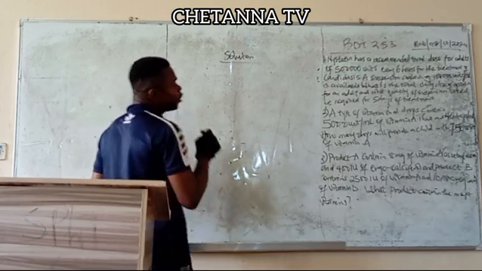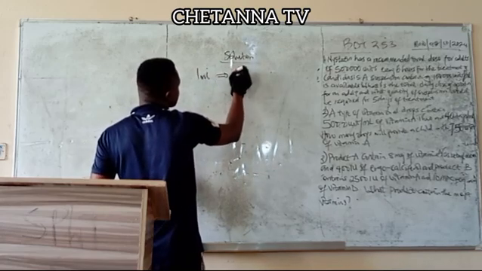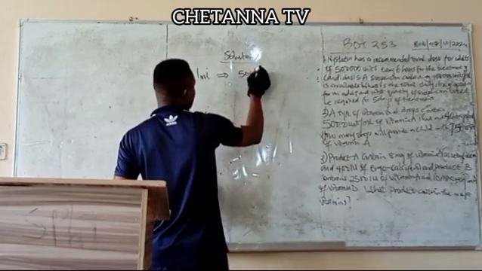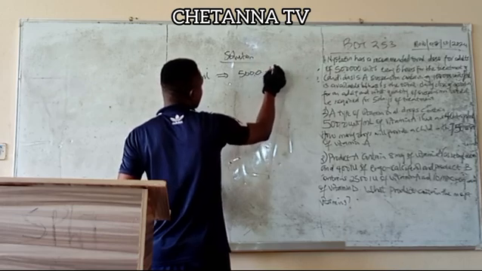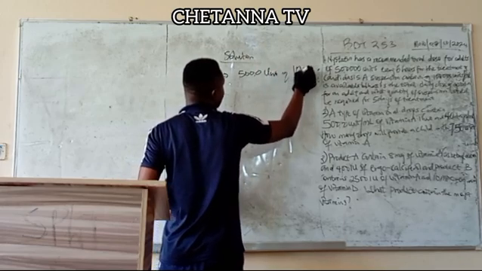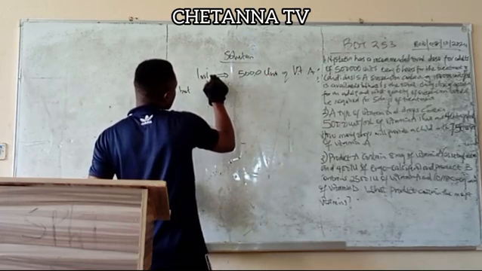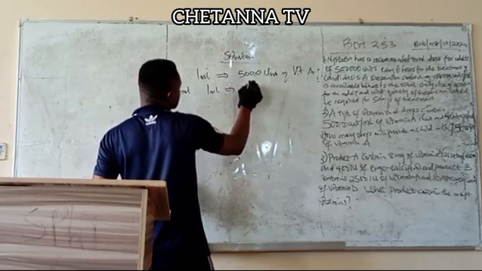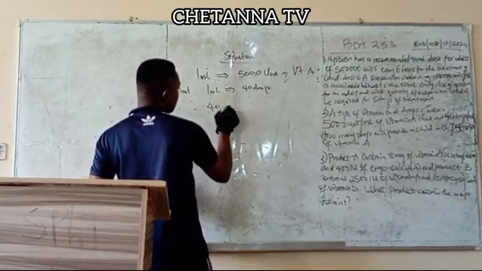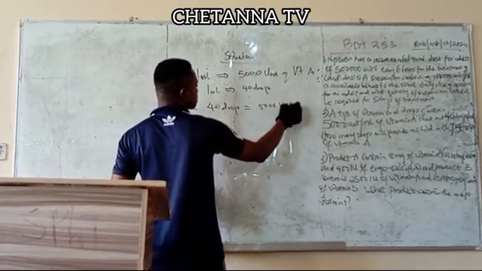So here we know that one ml contains 5,000 units of vitamin A, right? Yes, sir. But one ml is how many drops? 40 drops. Therefore, 40 drops is equal to 5,000 units.